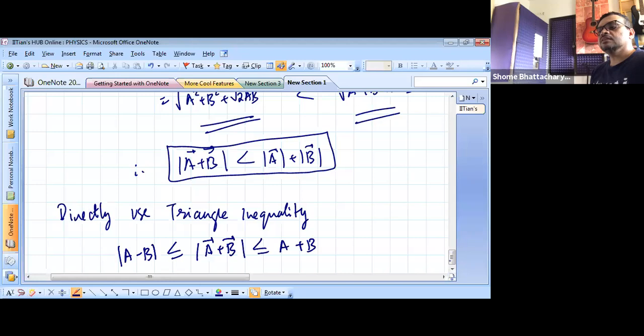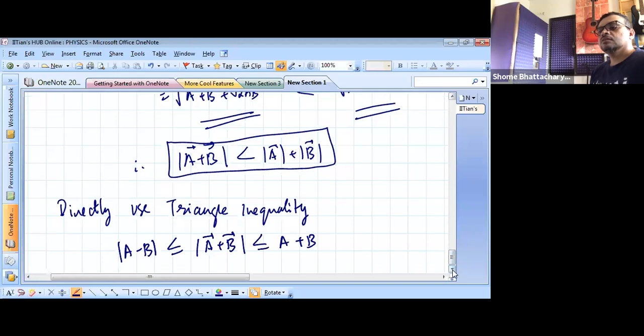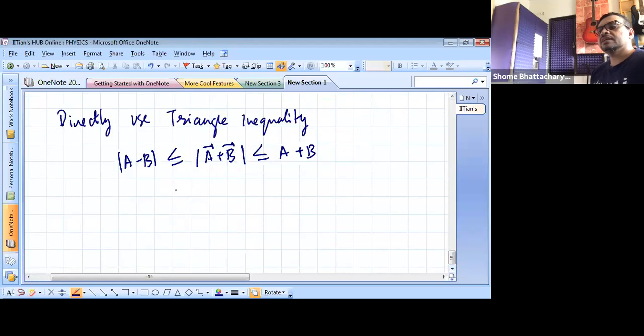But when is it equal to this? We understand mod of A plus B is equal to mod A plus mod B only for theta equal to 0.